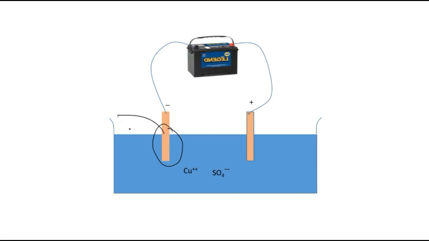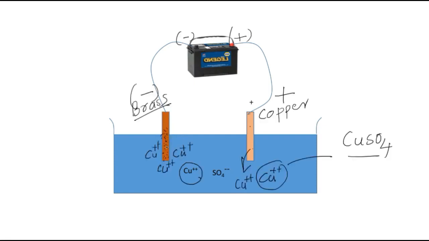Okay, so this becomes copper coated, right? So what did we do? We have deposited a copper, one metal, over another metal or an alloy by using electricity, right? So once again we have deposited one metal over another metal by using electricity.